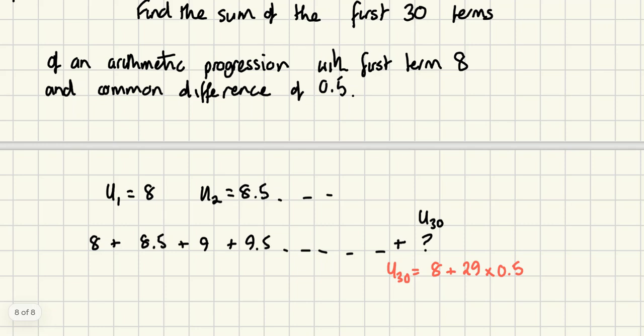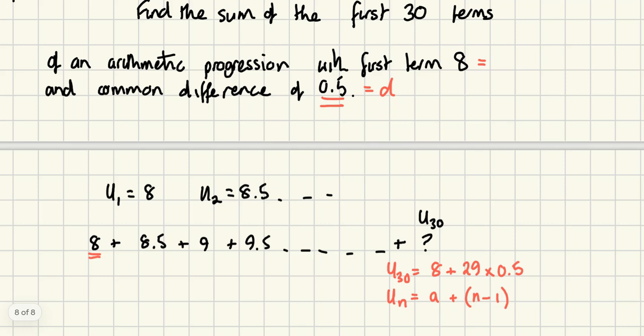Now, what I want to do, however, is generalize this. Un would be, well, what have we done here? We've got 8, which is the first term. We could call it U1 or a, plus n times 0.5. Well, it's n minus 1, remember? Yeah, because it's 1 less. And the 0.5 is the common difference, and we call that d.